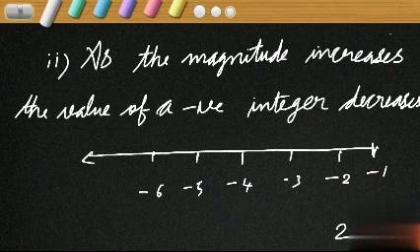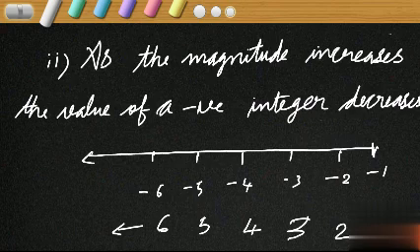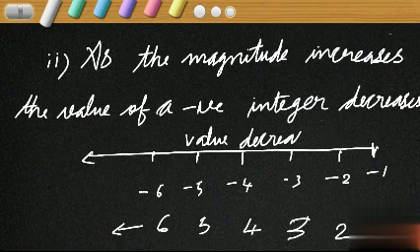Magnitude of -2? 2. That of -3? 3. What is the magnitude of -4? 4. 5. 6. It will go on like this, isn't it? Value. What about this value? Decreases. As the magnitude increases, value of a negative integer decreases.